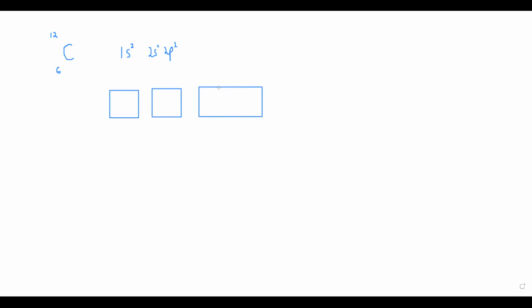And this 2p is divided into three: 2px, 2py, and 2pz.